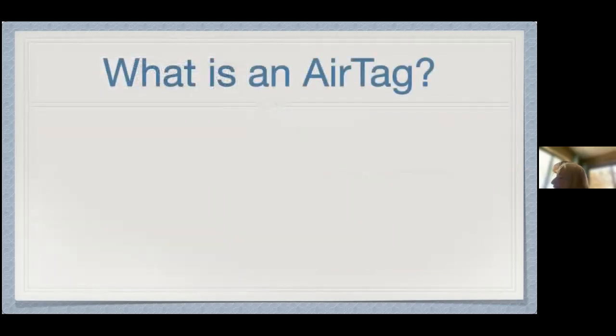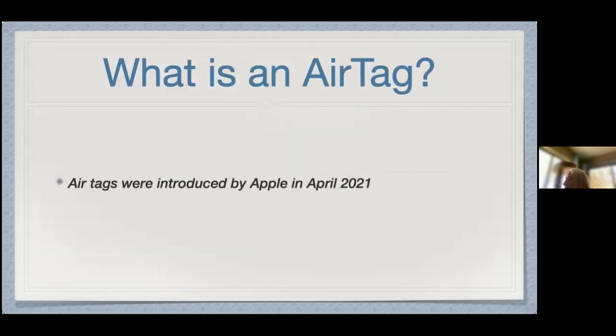What is an AirTag? Apple introduced AirTags in April 2021, about a year ago. And it's a really cool featured item because they're so tiny and you can kind of put them anywhere. It's a pocket-sized tracking device, about the size of a $50. If you purchase it from Apple, it can be personalized since they all look alike if you buy more than one.